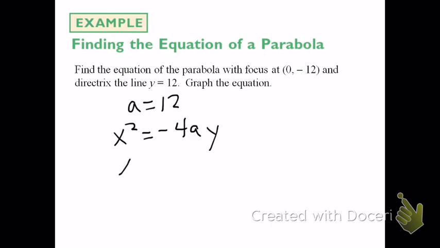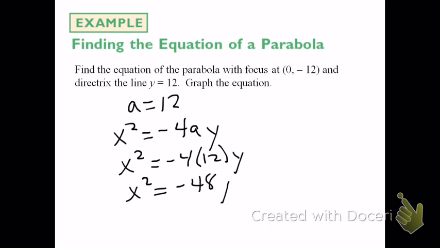And so the equation here is x squared is equal to -4 times 12 times y, and so x squared is equal to -48y is the equation of our parabola. And then I'm going to leave the graph to you. I think we've practiced that enough here on the video.